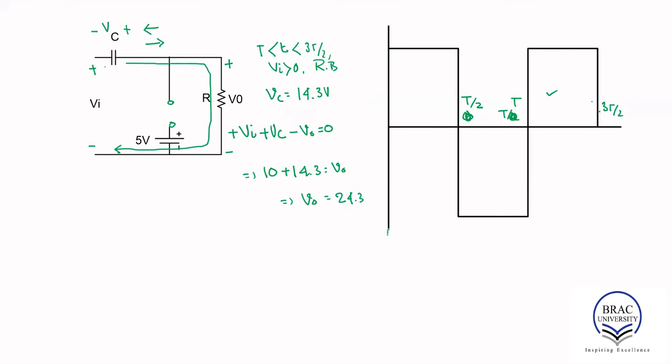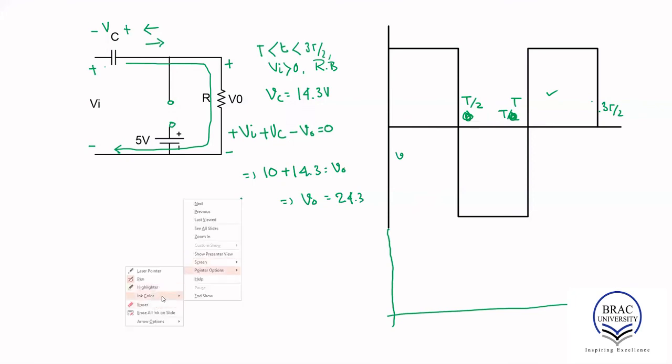So let's draw it. Let's add another axis for V naught, and use a different color. The 0 to T by 2 interval is undetermined, so we're not going to do anything here. T by 2, then T, then 3T divided by 2.